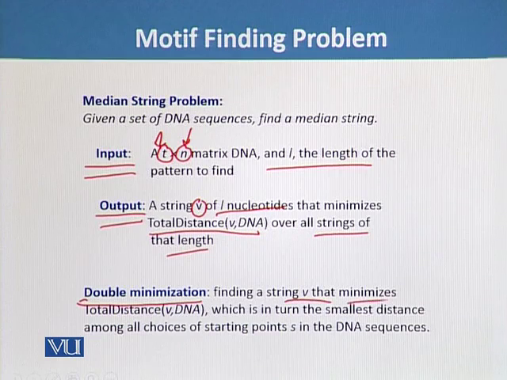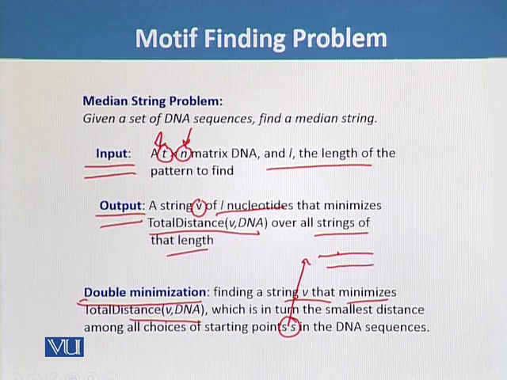and we are finding a string V that minimizes the total distance V, DNA, which is in turn the smallest distance among all choices starting from S. We have seen that within the DNA sequences the specific motif will start at different positions within the promoter region.